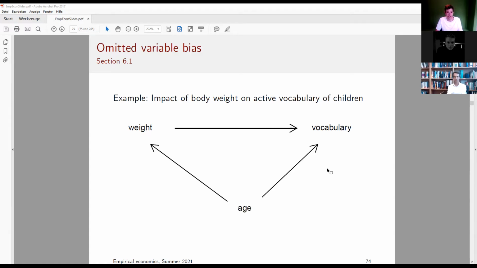Older children obviously weigh more than younger children, and older children obviously had a longer time span to learn new words, will have acquired a larger vocabulary, and hence age here is the main driver of vocabulary. If you run a regression that includes weight and age, then weight might not be a significant factor for vocabulary at all.